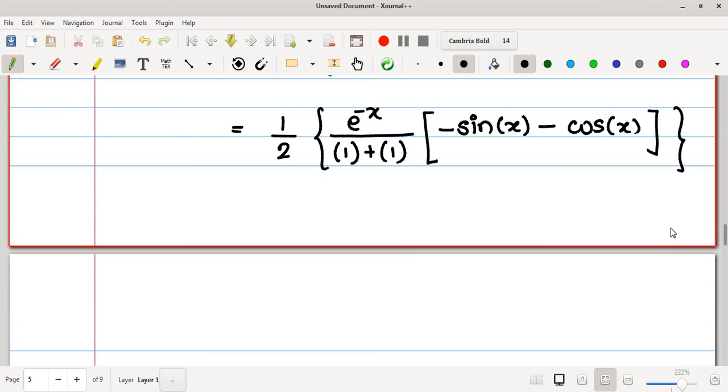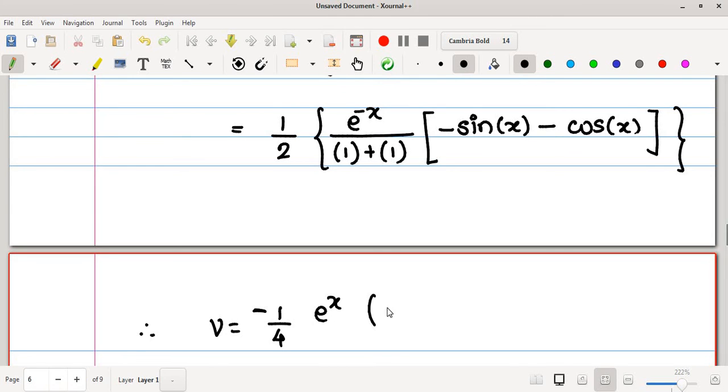So if we simplify, required value for v is 1 upon 4 times e raised to minus x. We can take that minus sign common. So this is sin x plus cos x.